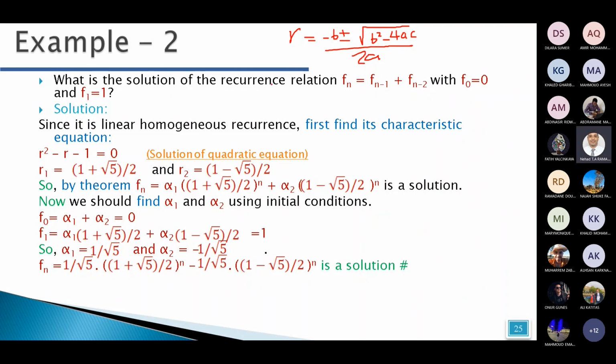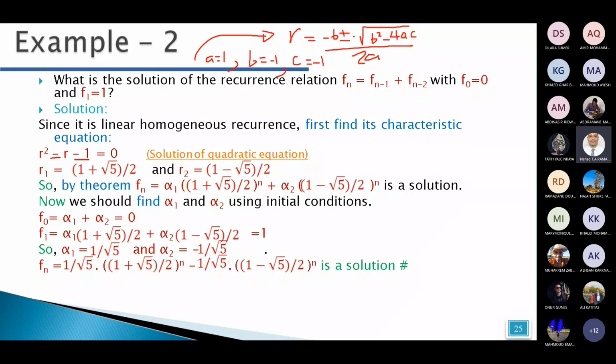So from this, you can solve it. What's A here? A equals 1. Here, B equals minus 1. And here, C equals minus 1. When you apply this here, you will find two solutions.